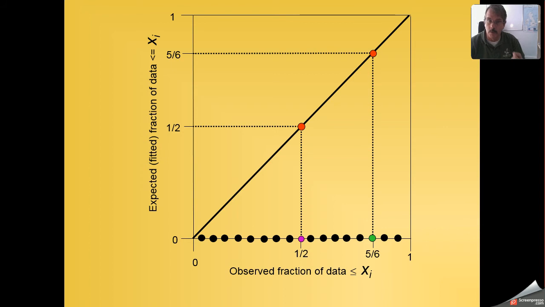But more finely, we can also look to see at the spacing within those bins to find out if the speed with which we're moving through our data is equivalent to the speed with which we were moving through our predicted probability density function.